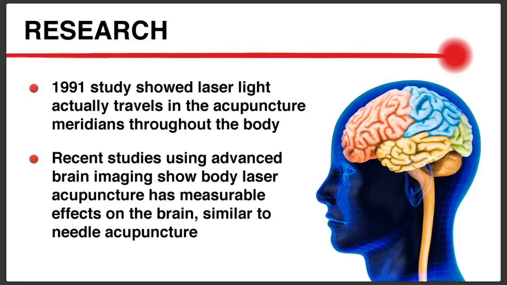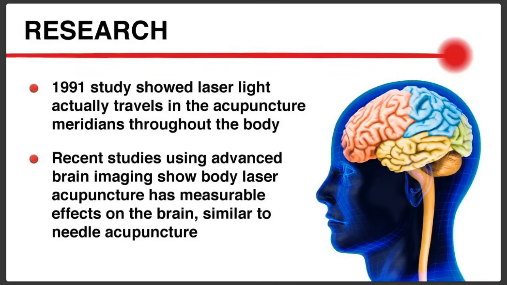Recent studies with fMRI imaging show that laser acupuncture at remote locations on the body has measurable effects on the brain, just like needle acupuncture does. So you can be lasering points on the feet or on the toes, and you can see areas of the brain light up and change as a result of that laser stimulation.